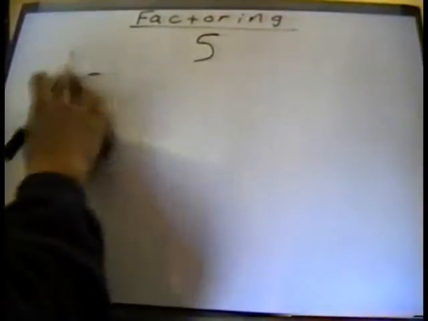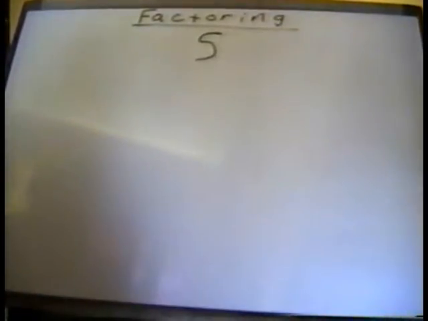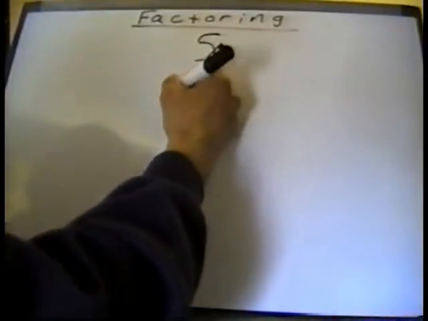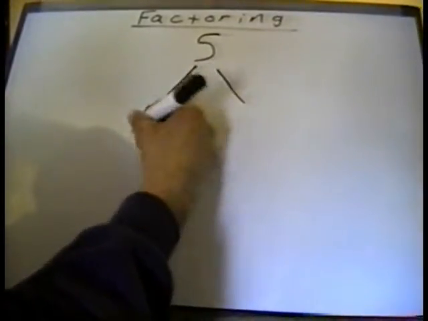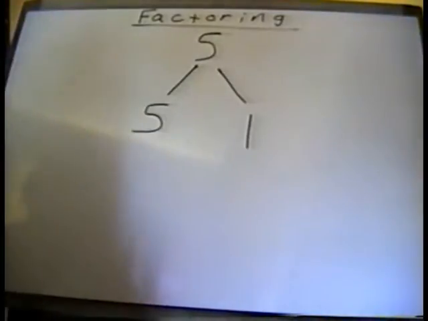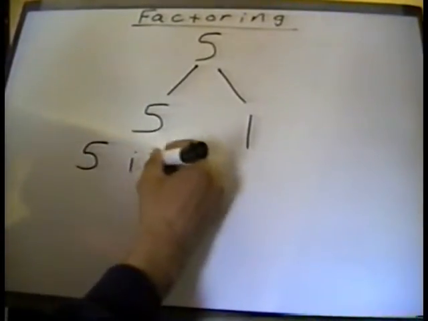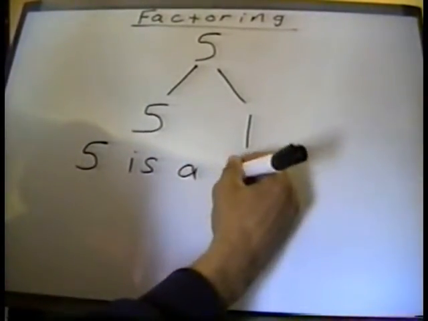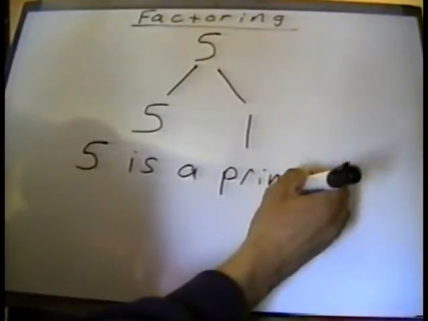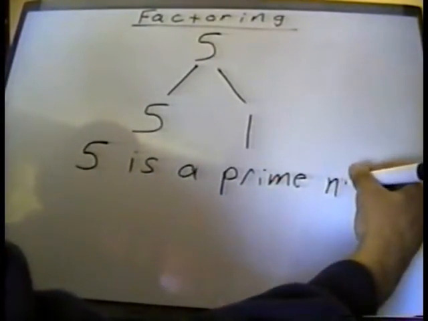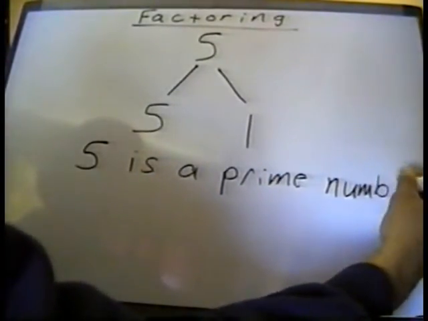We did 2 and 3. None of those numbers multiply by each other to equal 5. So 5 cannot be divided evenly by any other numbers but itself and 1. And we say 5 is a prime number.